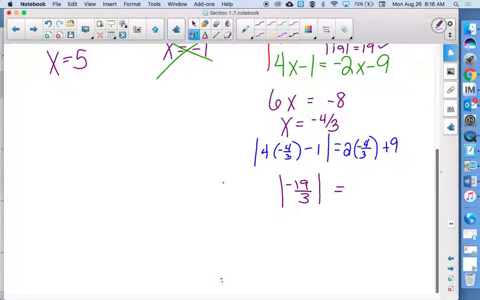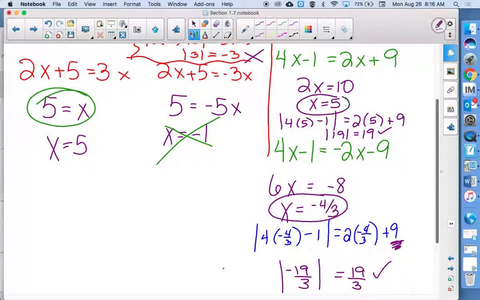Yeah, it is a positive 19/3 on the other side, and that's because this 9 is a positive 9. Put it in your calculator, check. So does the absolute value of negative 19/3 equal positive 19/3? It does. So both of them check out in this case.